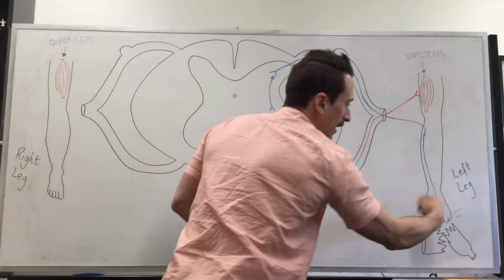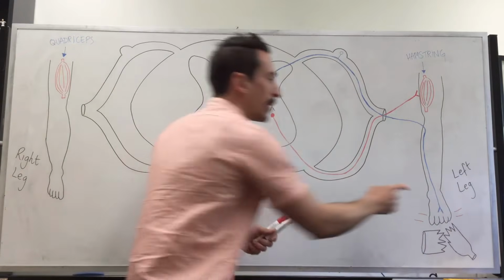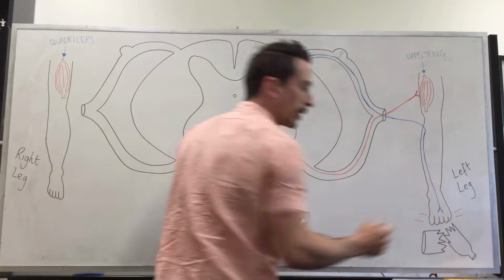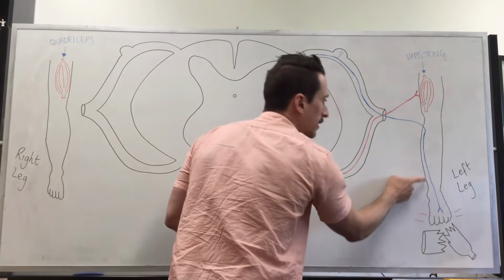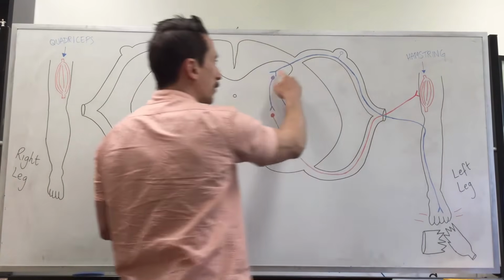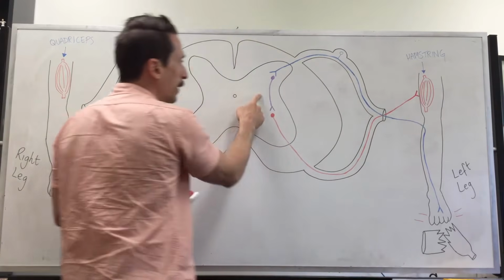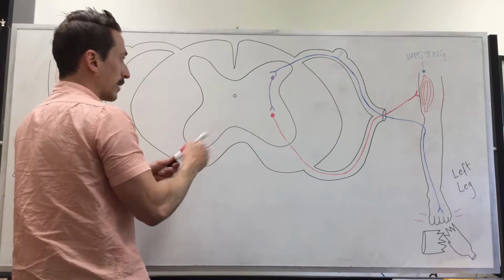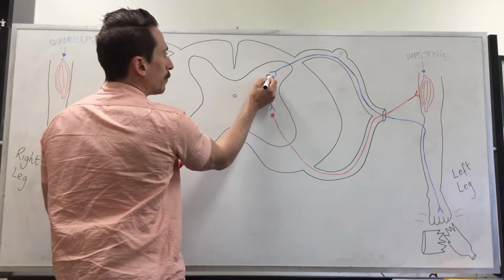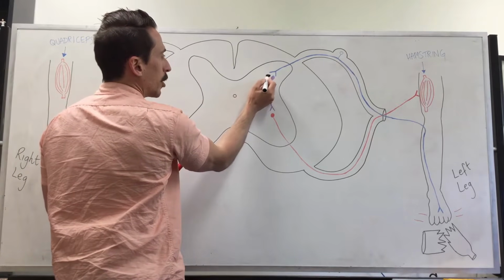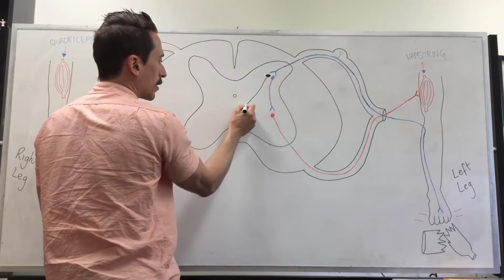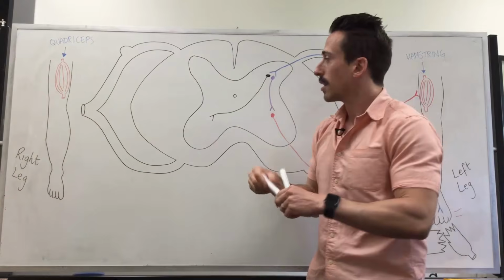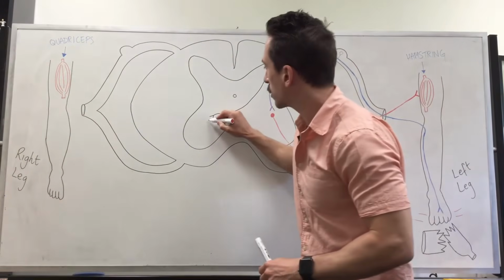We have that sensory signal that's being sent up the leg because the receptor has been stimulated by this broken glass, for example. It sends it down the sensory neuron, afferent signal into the spinal cord, synapses or speaks to the interneuron, but it will speak to, for example, another interneuron, which will then go across to the other side and speak to a motor neuron on the contralateral or the opposing side.